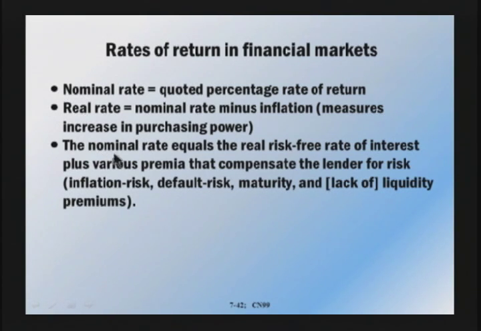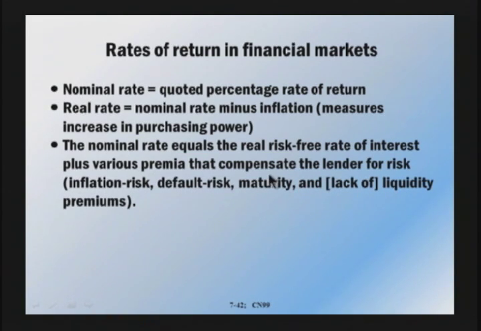So if we think about a real measure of purchasing power with no risk involved as a starting point, in other words, creating additional purchasing power, a risk-free measure of interest, then a lender would want to be compensated above and beyond that real risk-free rate for any risk that they are bearing, such as the fact that inflation might take place, the borrower might default, the longer the maturity, the more risk there might be, an investment might not be very liquid, so they can't get out of it quickly.